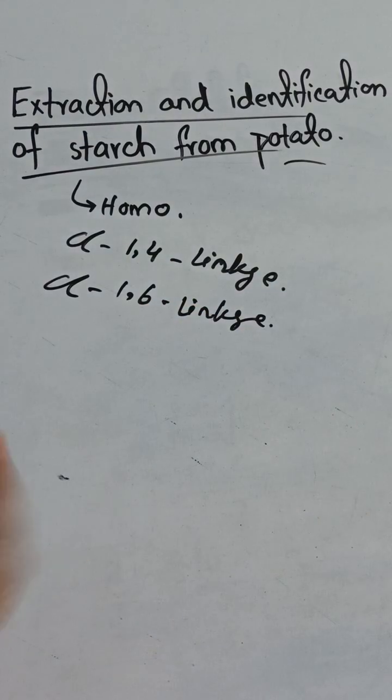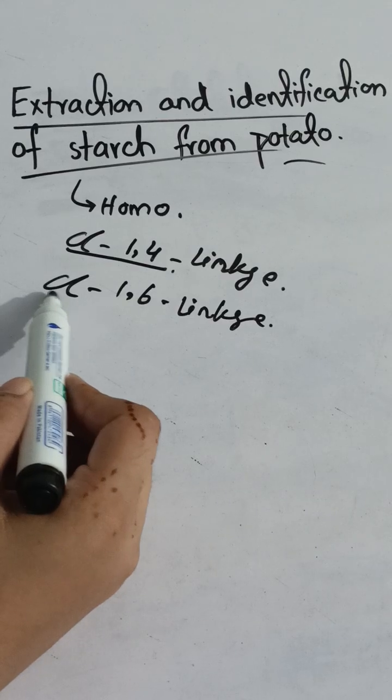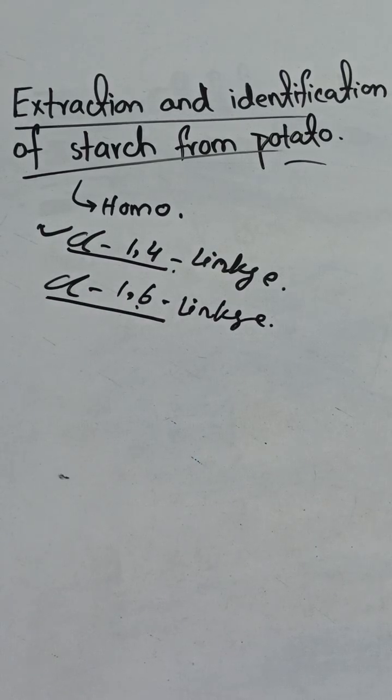So amylose contains alpha 1 4 linkage, while the amylopectin contains alpha 1 6 as well as alpha 1 4 linkage, right? So this is the basic concept that we have studied from our childhood. This was the short introduction of what we are studying and what we are extracting, right?